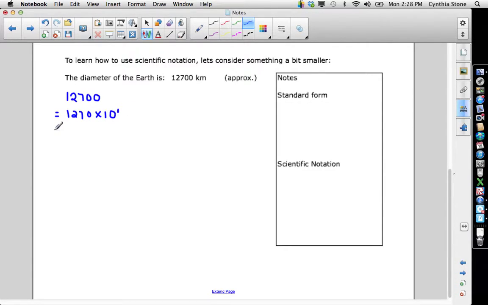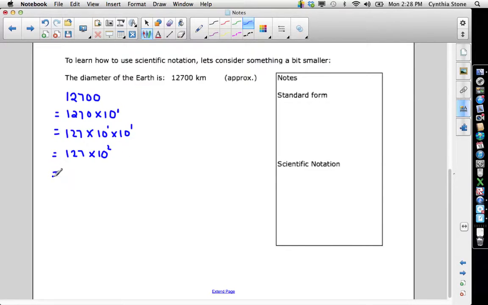Scientific notation is just keep following that train of thought. So what if I said it's the same as 127 times 10 to the 1 times 10 to the 1, and we know from the product rule, same base, 1 plus 1 is 2, so that's 10 squared. Remember the product rule?